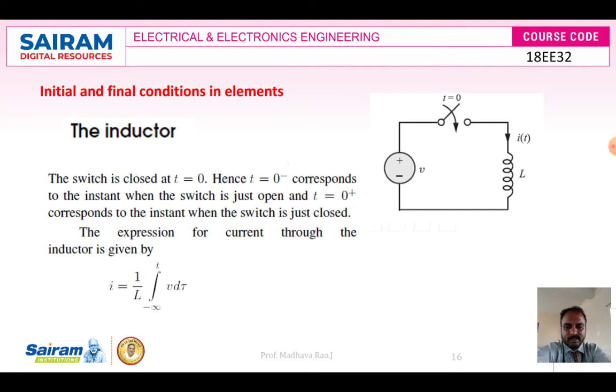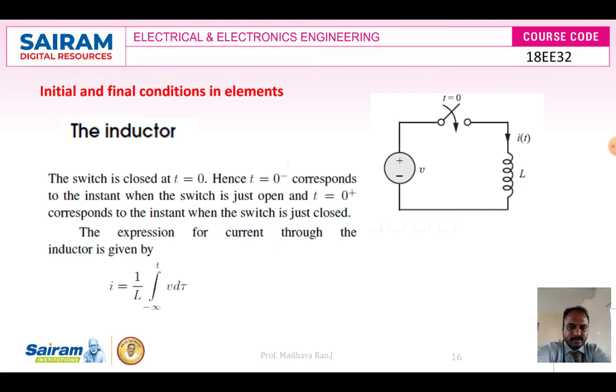How will we calculate it? Based on the current equation of the inductor, we can say whether it is short circuited or open circuited. First we will see which parameters we will use for the inductor's initial and final conditions. The switch is closed at T is equal to 0.